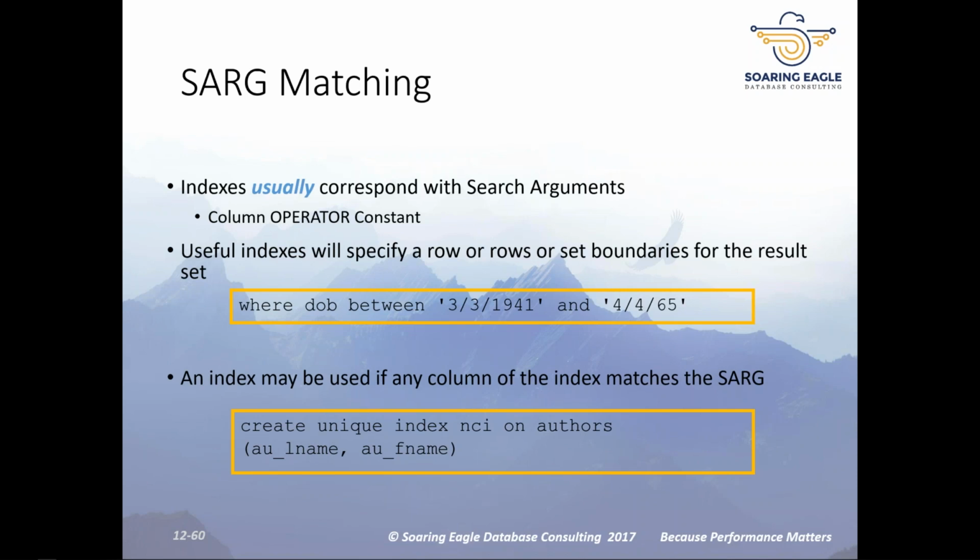Well, what we find is that because we can take the between and say it is greater than or equal to, and that is an operator, 3/3/1941, and date is less than or equal to 4/4/65, the optimizer will treat this as a search argument because it can syntactically break this down.